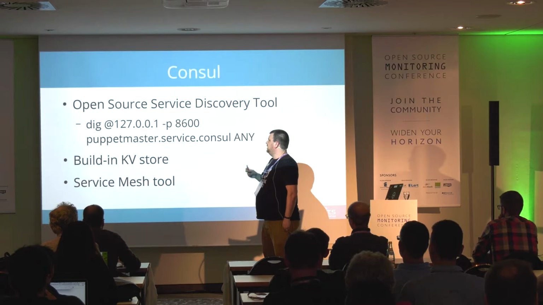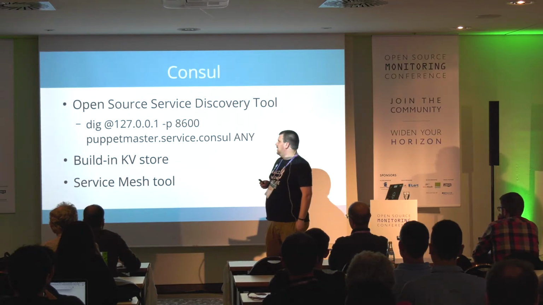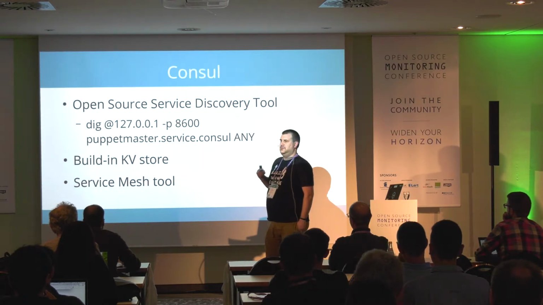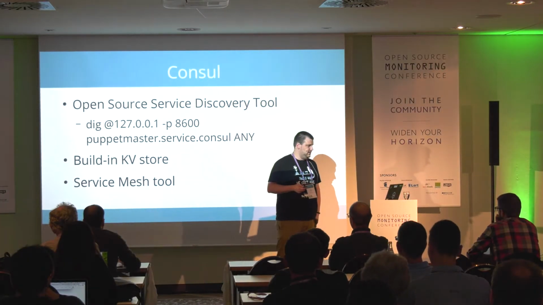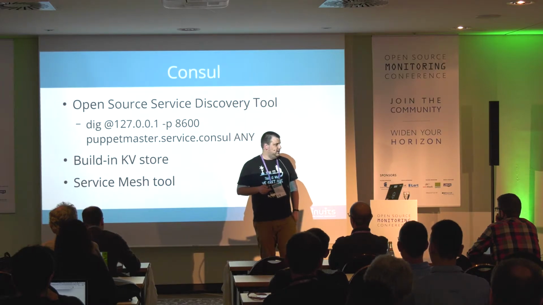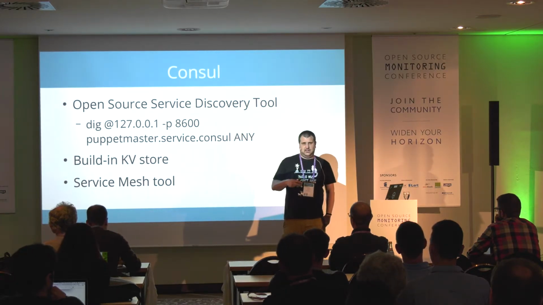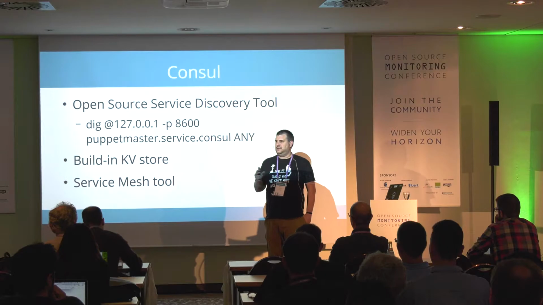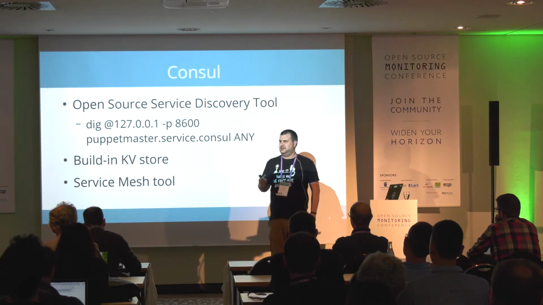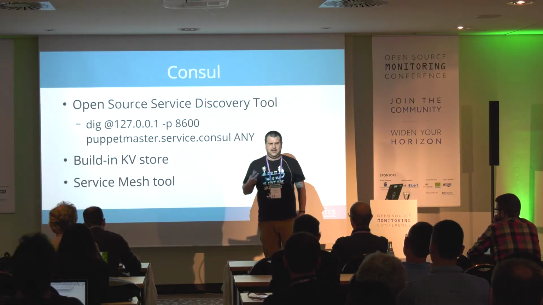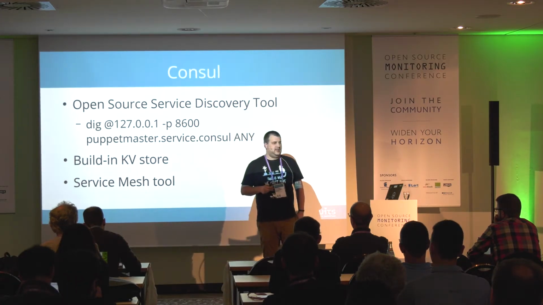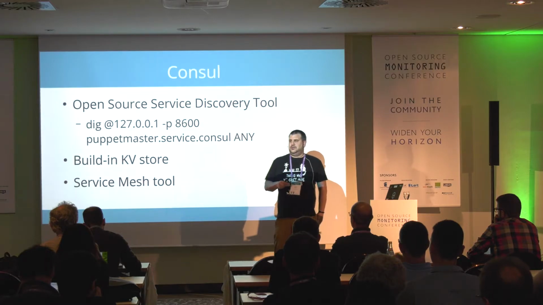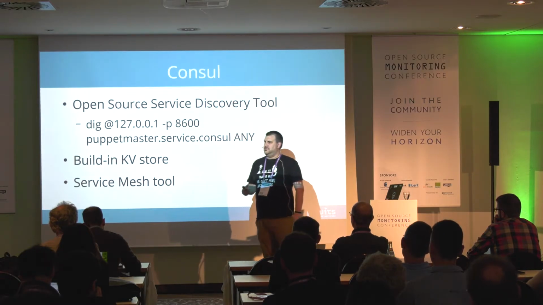So in my case, I dig my local Consul cluster for the service Puppet Master. It also has a built-in key value store, which is very nice to use because it actually knows about location. So there's the notion of data centers, and the key value information will know what data center you're in. And it recently gained the possibility to have a full ACL service mesh.